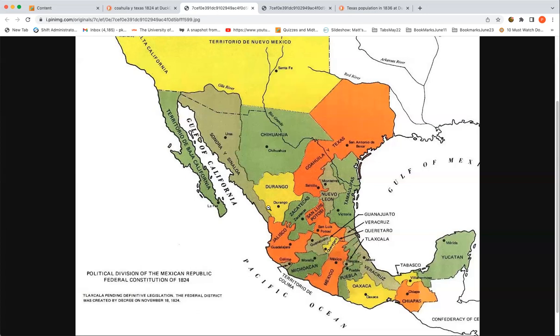So the first part of the lecture talks about the last decades of Spanish rule. And then the last part of the lecture talks about the very beginnings of Mexican rule in Texas, and the Anglos, especially Moses Austin and Stephen F. Austin, who were given permission to come into Texas. So I'll stop it at that. Just big picture. Be sure to look at the maps.